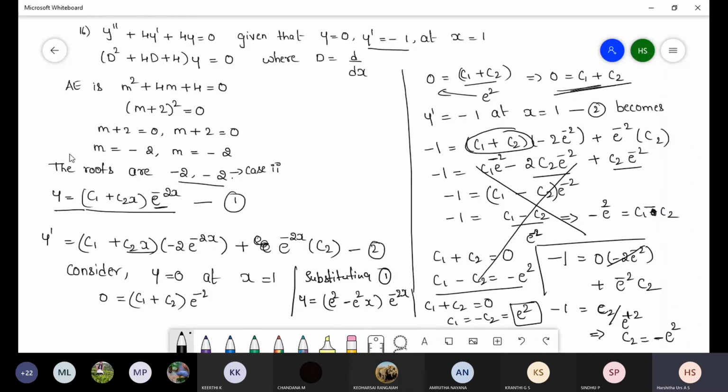If I take e square as common, y is equal to e square into 1 minus x into e power minus 2x.